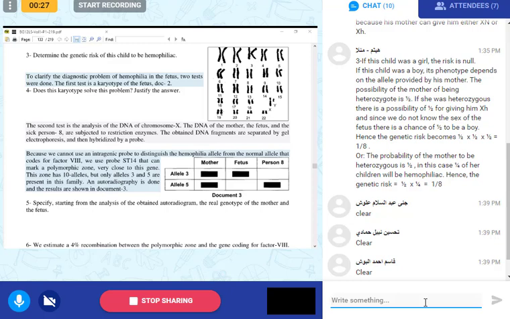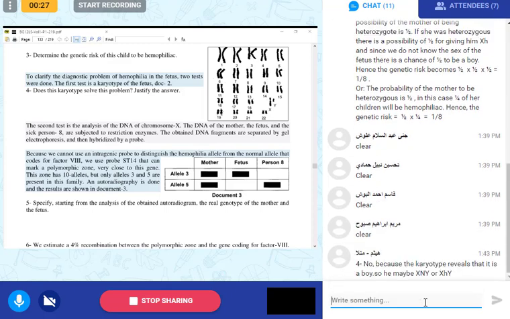Right? Yes. But since the karyotype showed me a boy, he may be XNY or XHY. I cannot decide from here.